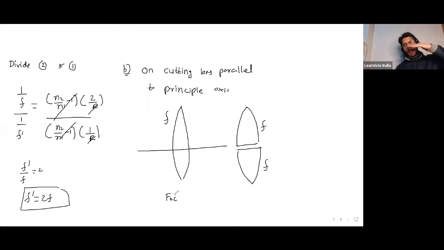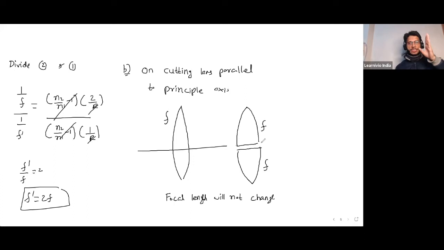If you cut a lens parallel to the principal axis, then its focal length will not change. But see, now the size of the lens is halved. So the amount of light that was entering this lens will become half if you divide it into two parts.